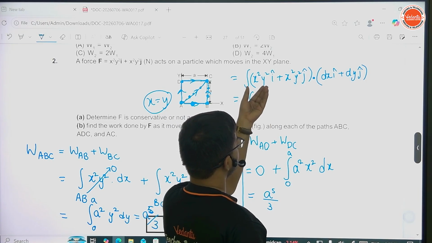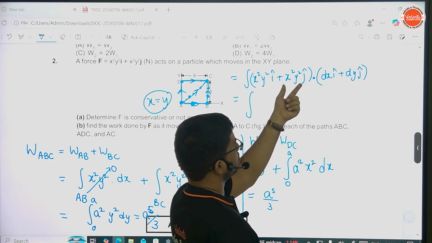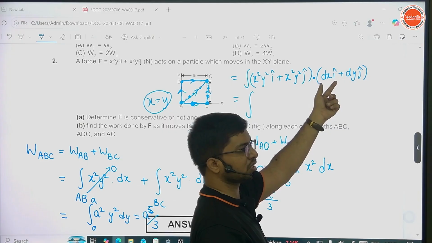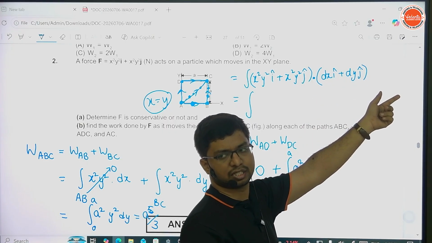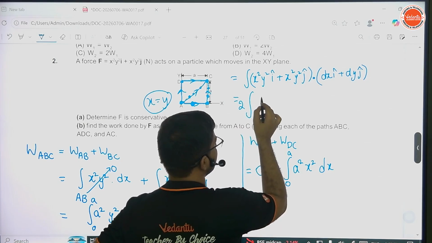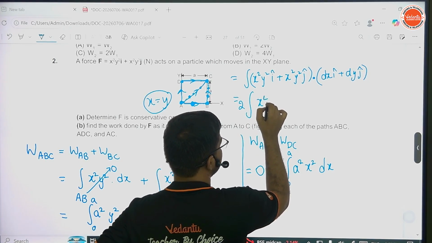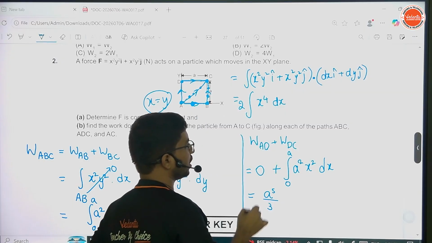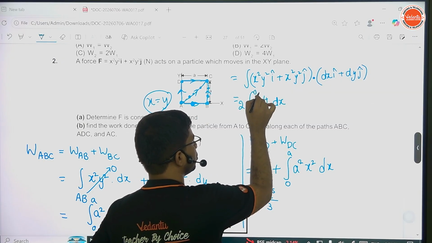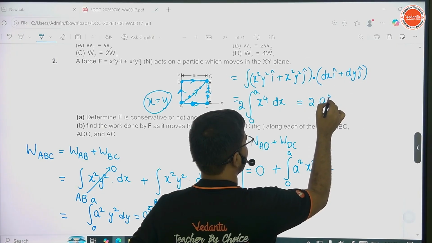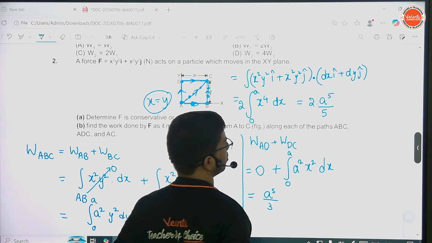So now this is x power of 4 i cap plus x power of 4 j cap, and over here dx i cap plus dx j cap. Clear? So you can directly write this as 2 times the integral of x power of 4 dx, where x is varying from 0 to a. So you have 2 a power of 5 divided by 5.